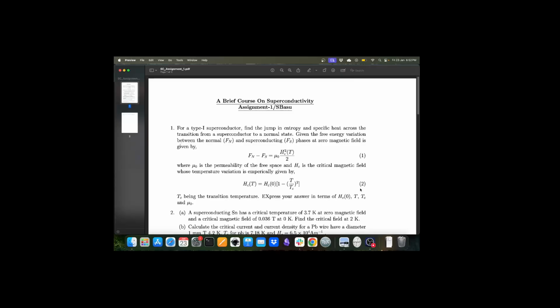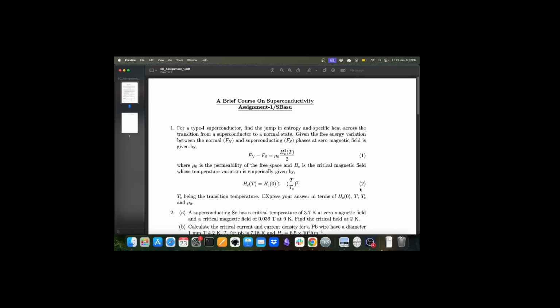So how do we do it? We know from thermodynamics that for any material, the entropy is related to the free energy by this formula, minus del F del T, where F is the free energy at some constant magnetic field and some constant volume.